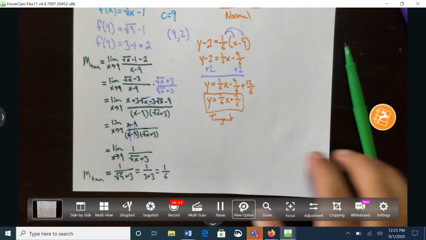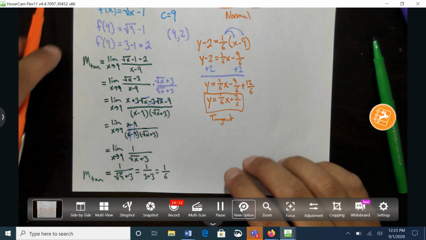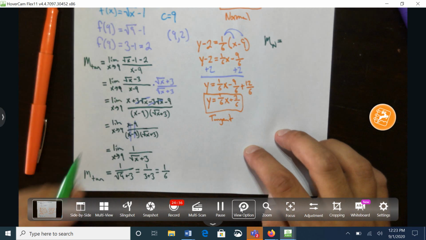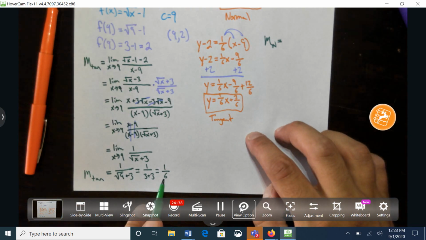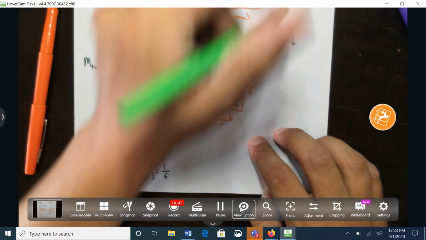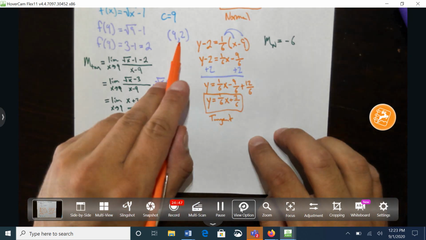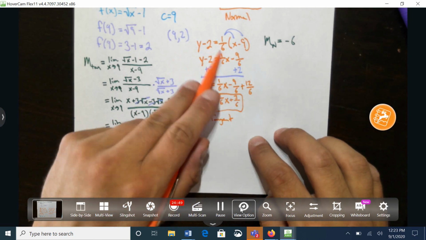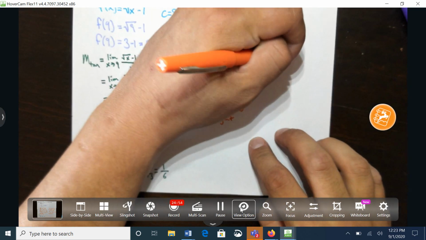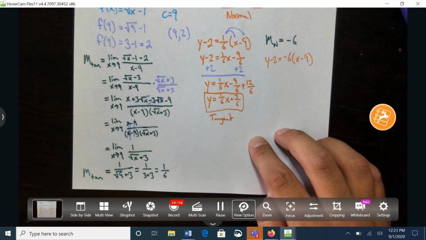Then finally, to find the equation of the normal line, we're going to do the same thing, but we need to find the slope of the normal. So m sub n is the opposite sign reciprocal of 1/6, which is going to be negative 6. That's nice that we have a whole number. All right, so now we plug that into the point-slope form. So y minus 2 is equal to negative 6 times x minus 9, and then simplify.